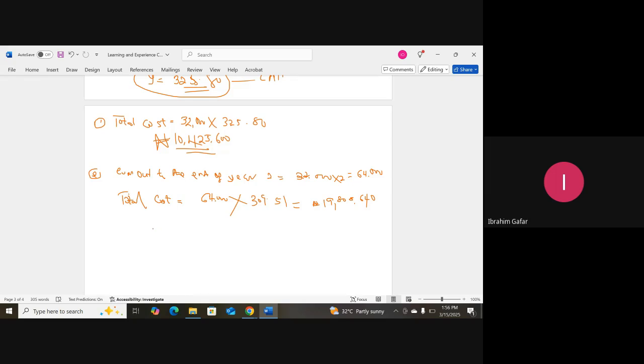So let's check the incremental. What's going to be our incremental? I've explained this before.